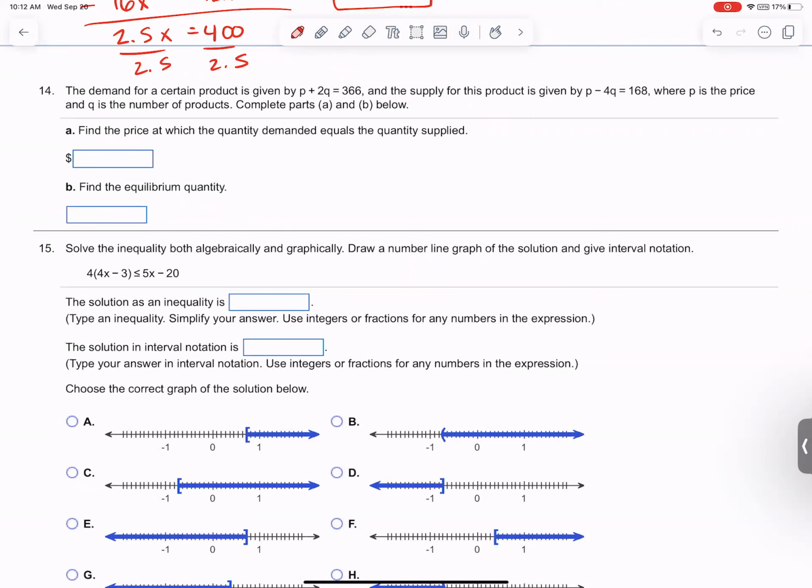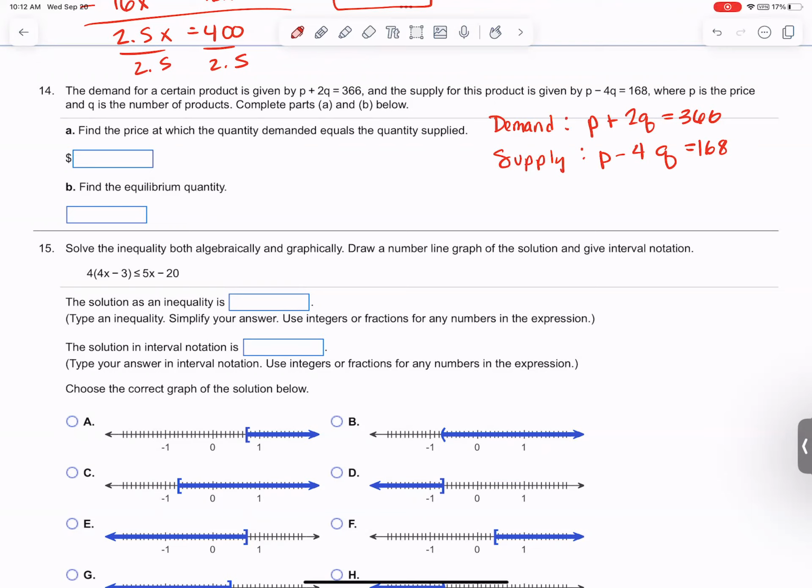So we have the demand equation P plus 2Q equals 366, and the supply equation is P minus 4Q equals 168. Find the price at which the quantity demanded equals the quantity supplied.